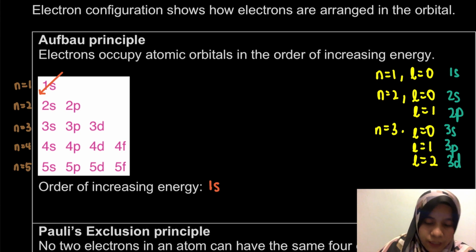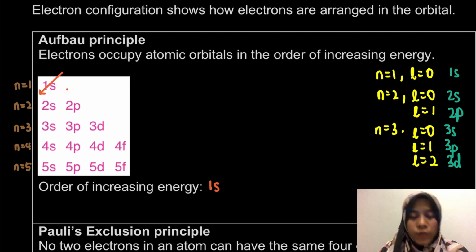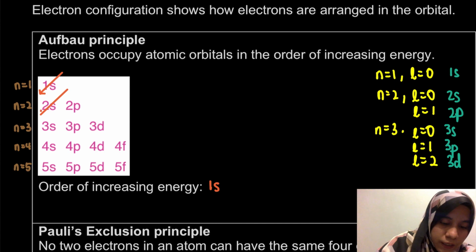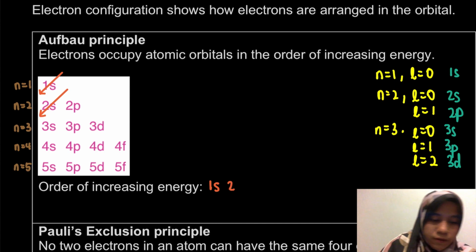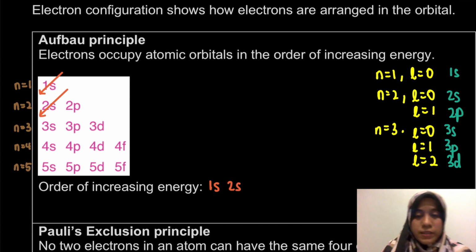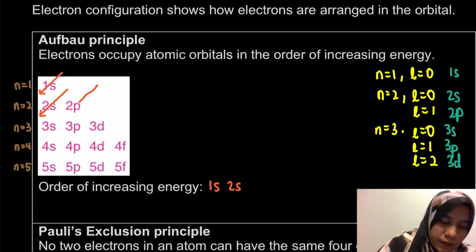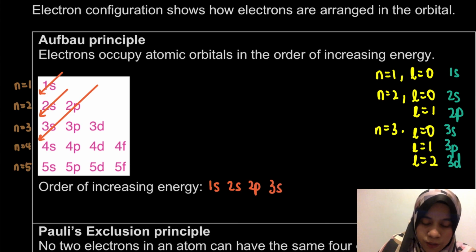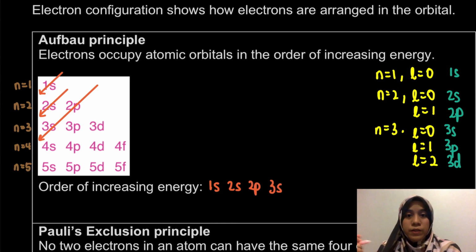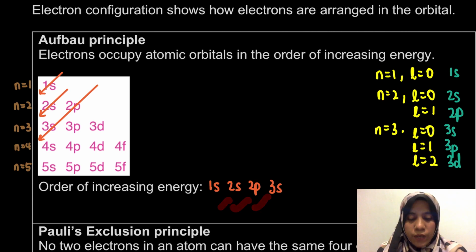First possibility, we arrange through 1s first. Next is 2s. After that, we make an arrow to 2p, 3s. So far this is the orbital order we fill in, based on the previous video example. We follow this arrangement, 1s, 2s, 2p.